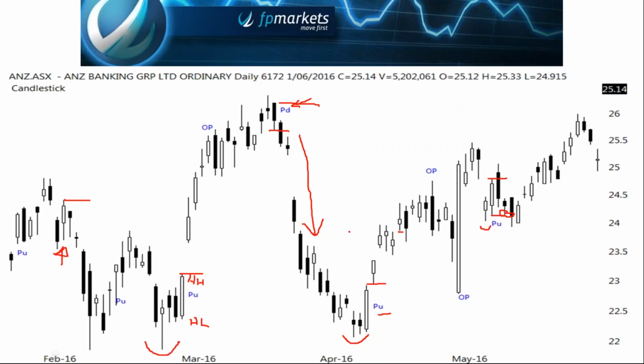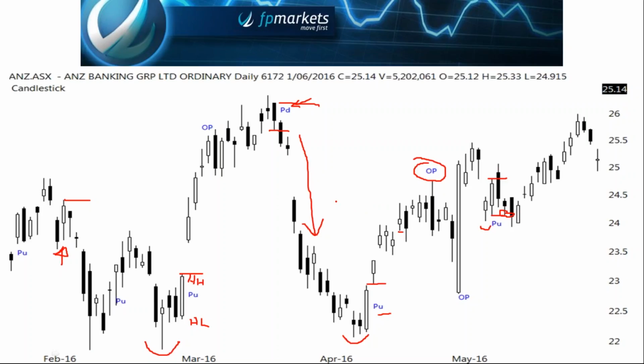The other statement that was made many, many times in the tutorials was that the outside period, and these areas here, this one up here, the outside period comes within 1 to 3 bars of a high.